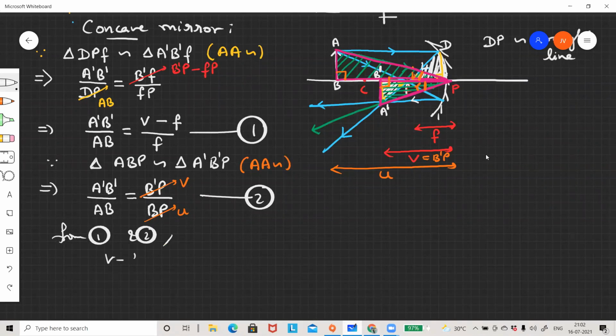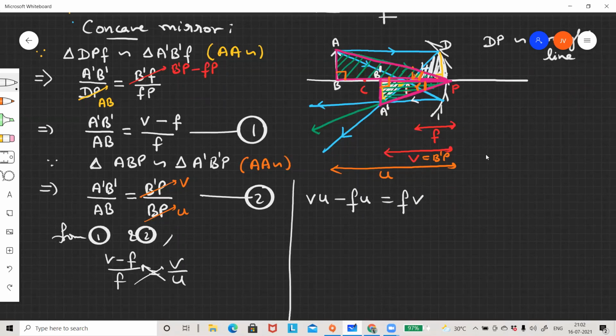So we have (V minus F) by F is V by U, and we'll go for simple cross multiplication. So we will get VU minus FU is equal to FV. Put all the like terms together: we will have FV plus FU. Then let's do a small common operation: divide throughout by UV. As a result, left side we will have 1.